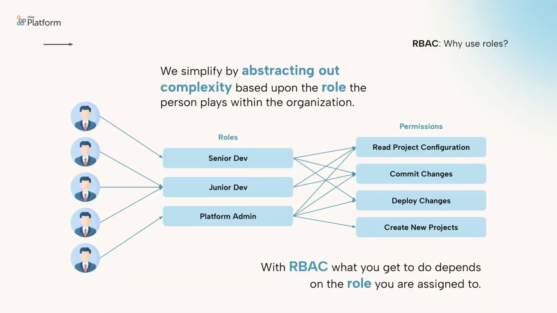So, using this strategy that is called RBAC, role-based access control, you can simplify the process by abstracting out the complexity using roles that are similar to the roles that the person plays inside your organization.